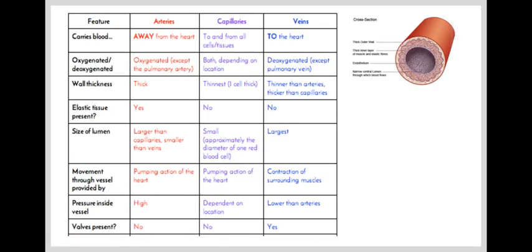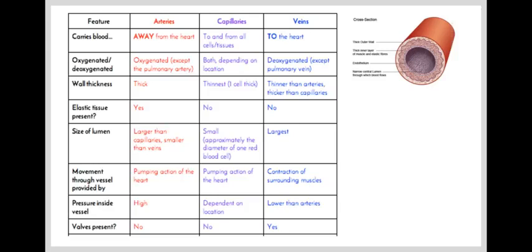The heart provides the movement of the blood through the arteries. With each pulse, or each pumping contraction of the heart, the blood moves through the arteries. So the pulse that we feel is actually the blood moving through our arteries rather than our veins.